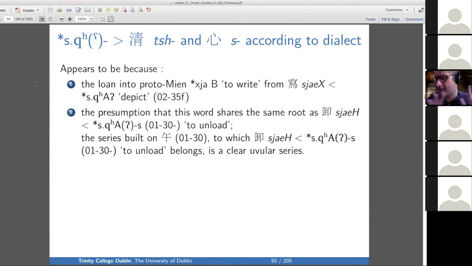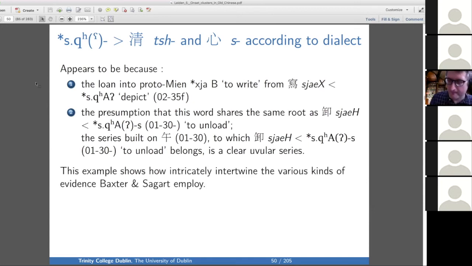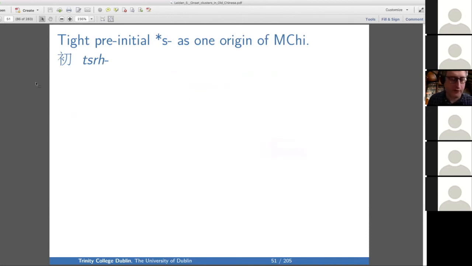I don't want to get drawn into these details, but they're in the presentation if you want to look at them later. But they do show the level of sophistication, and I mean that in a good way, in the 2014 book, where you look at this intricate interrelationship between borrowings into unrelated languages and Xiesheng series and etymological speculation.